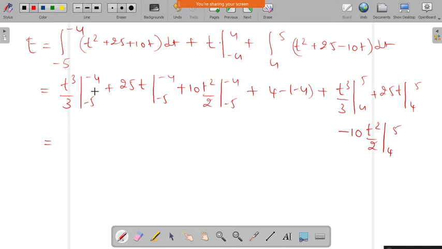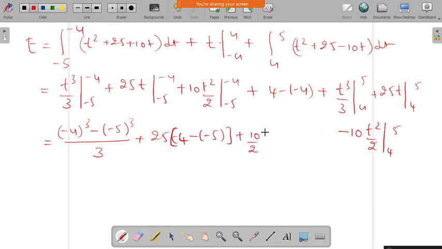So now we can put the values: -4 whole cube minus of -5 whole cube divided by 3, plus 25 into -4 minus of -5, plus 10 by 2 into t square, it is -4 square minus of -5 square.